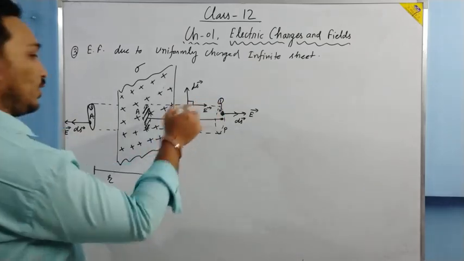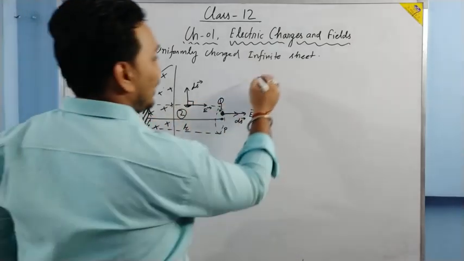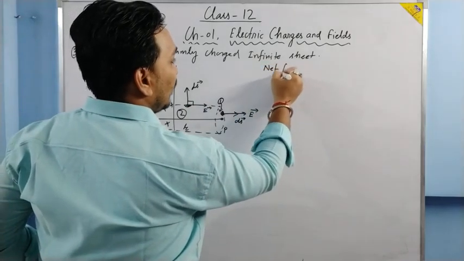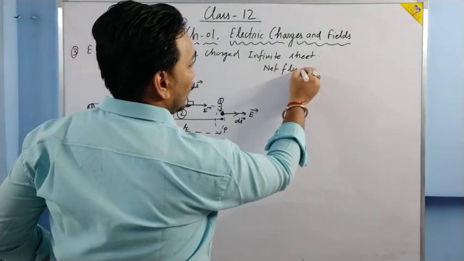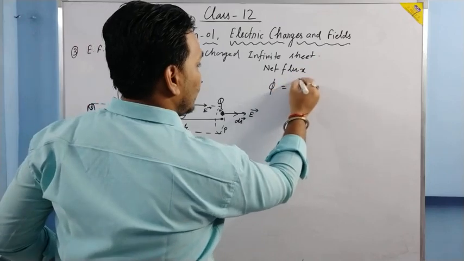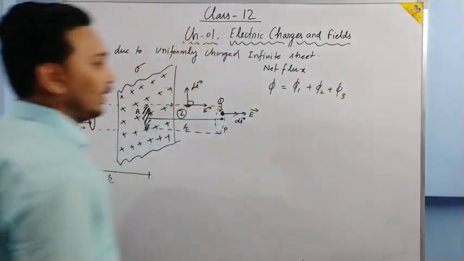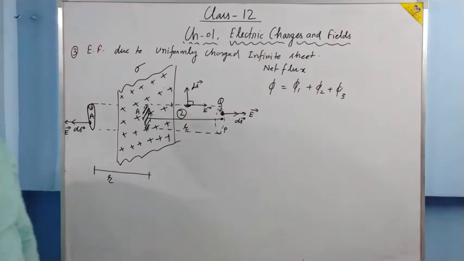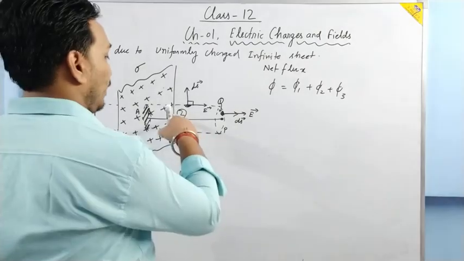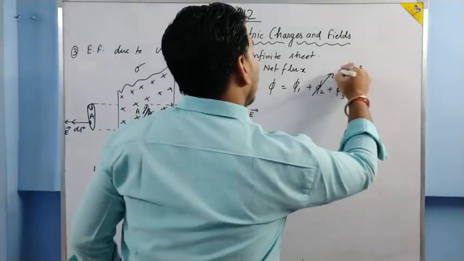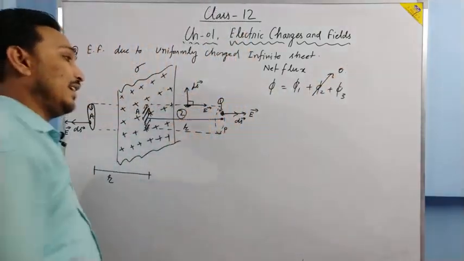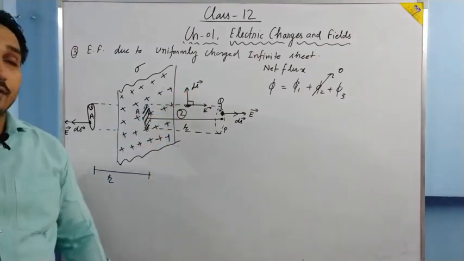Suppose this surface is 1, this surface is 2, this surface is 3. The net flux phi is equal to phi 1 plus phi 2 plus phi 3. This phi 2 will be 0 because the electric field makes an angle of 90 degrees with the area vector, right?